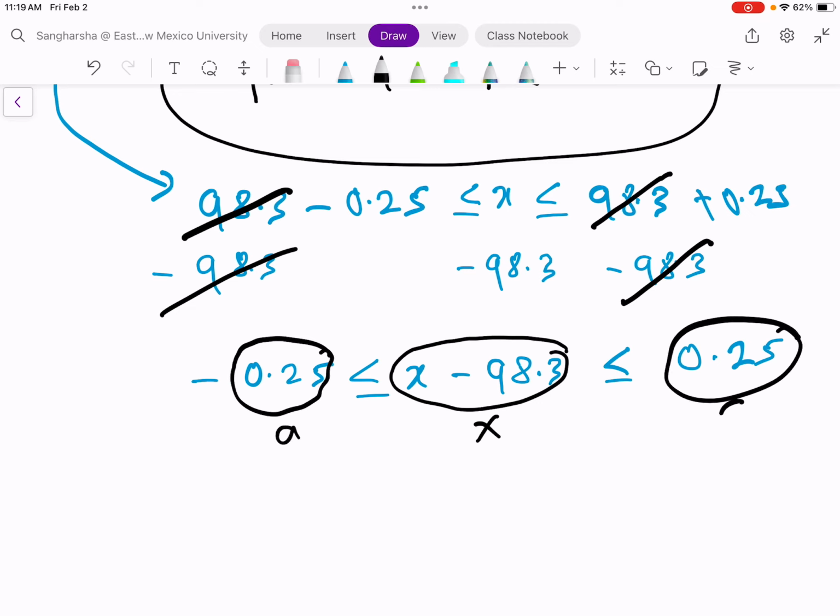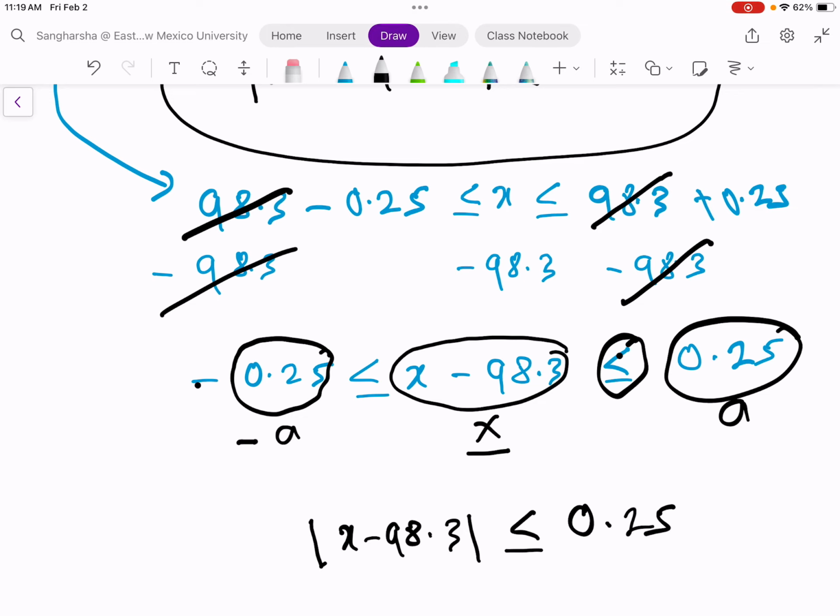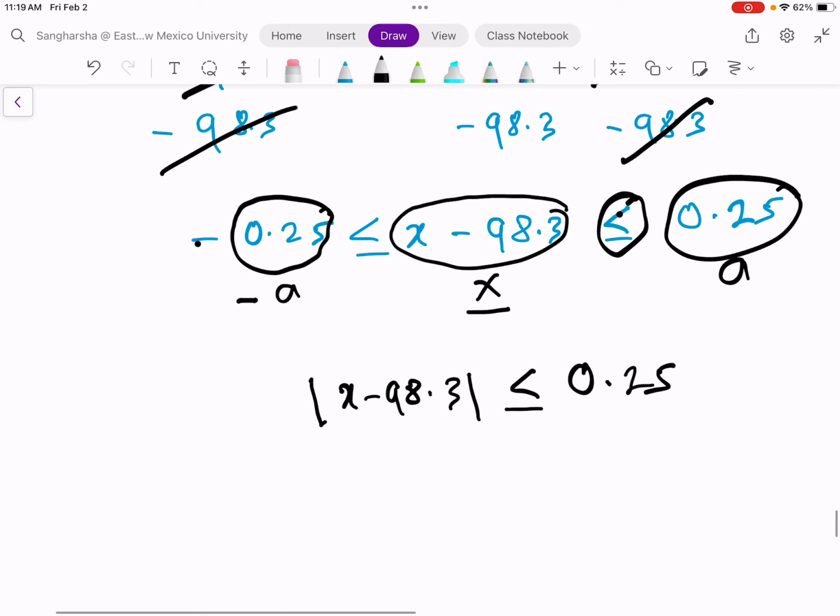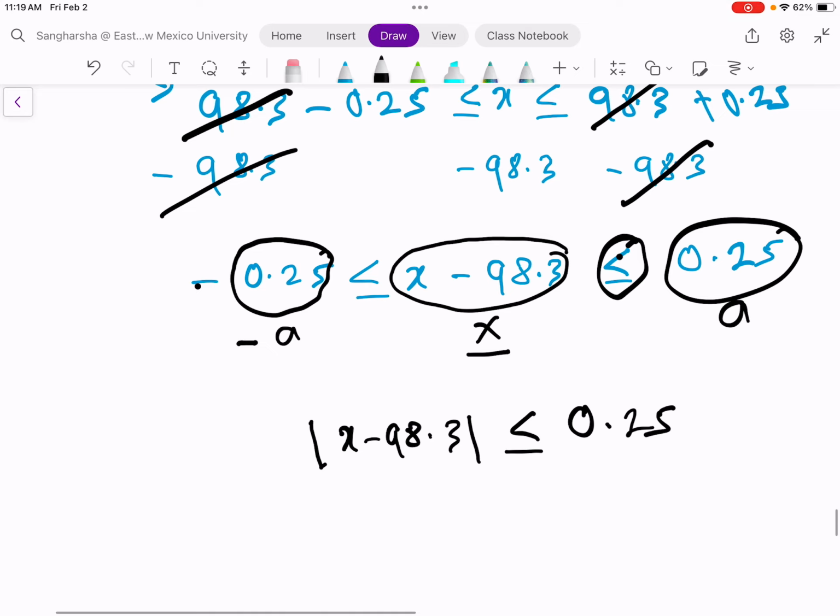So we have negative a less than or equal to x less than or equal to a, and this is the absolute value of x, which is x minus 98.3. We're going to use the same inequality, less than or equal to a, which is 0.25. We use our definition here. So this is the inequality expression for the given situation. Okay, this is all for section 1.6.